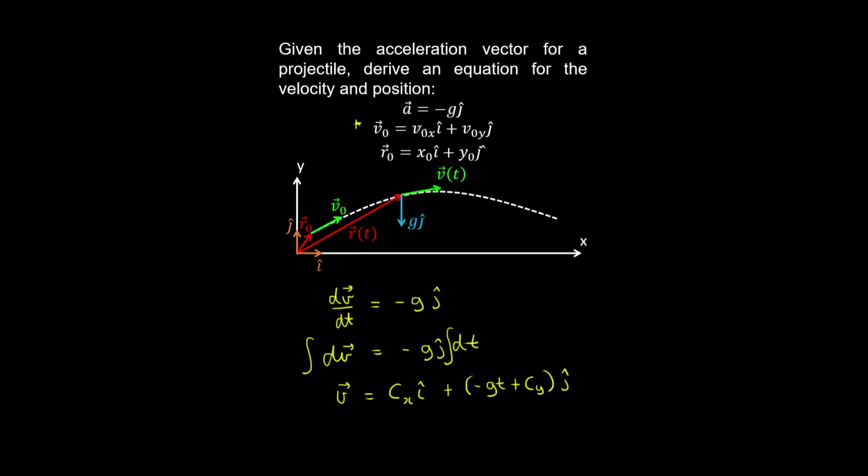And now applying our initial conditions, so equating the horizontal components and the vertical components at time 0, well, what we get is g times 0 plus cy. And therefore the equation for the velocity can be written as follows.